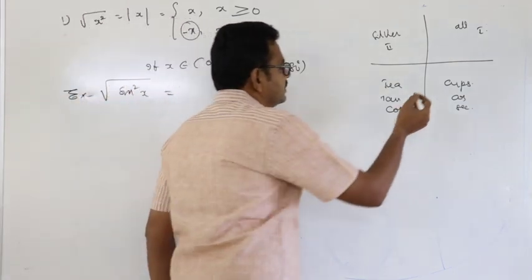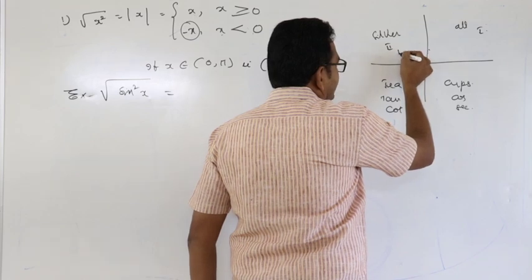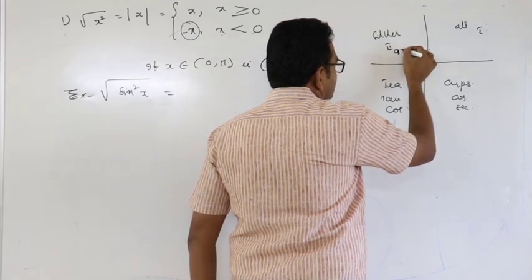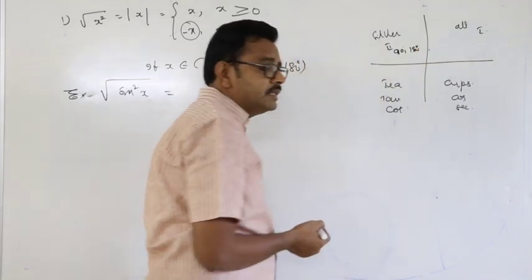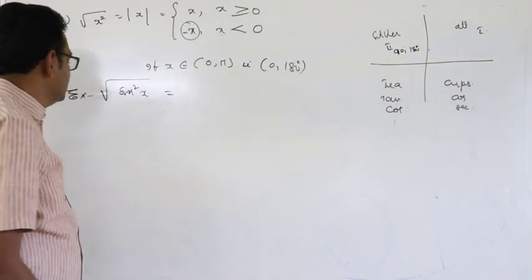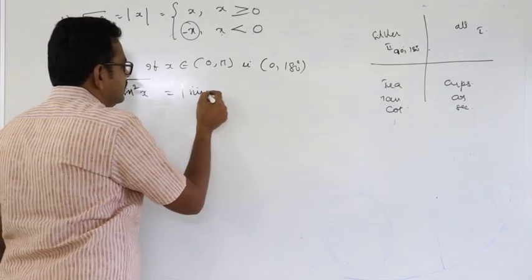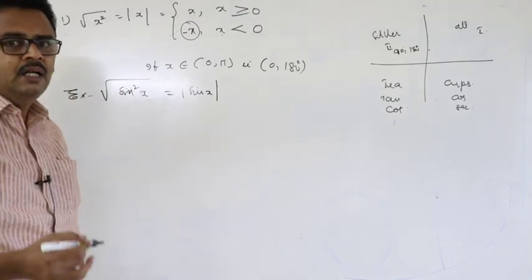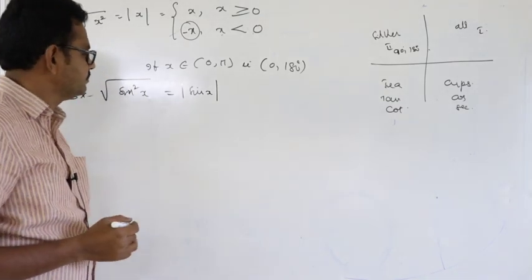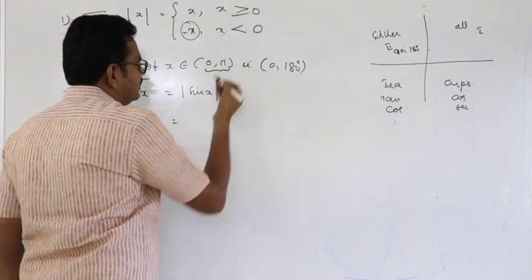So sine is positive in the first and second quadrants. First quadrant is 0 to 90 degrees, second quadrant is 90 to 180 degrees. Root of sine square x is mod sine x, whether it is plus sine x or minus sine x. Here x belongs to 0 to pi.